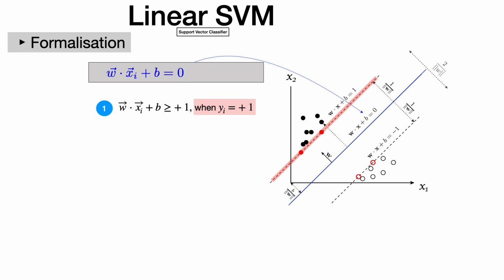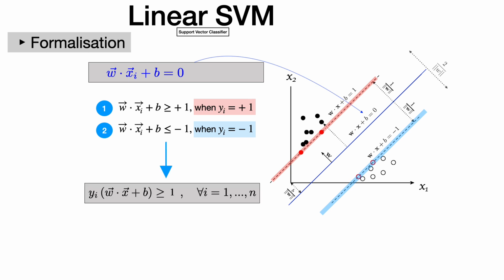Now, if the observation is of the negative class, well, that means it should be less than or equal to -1, which is to say either on the negative samples margin plane, the thick blue one here, or beyond in the negative direction. Sweet.